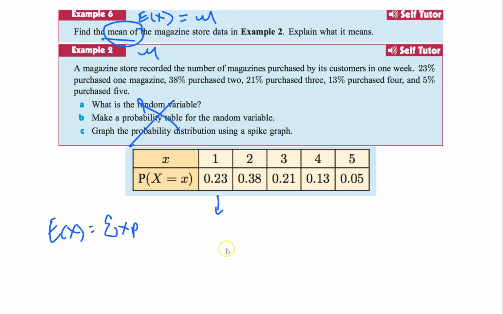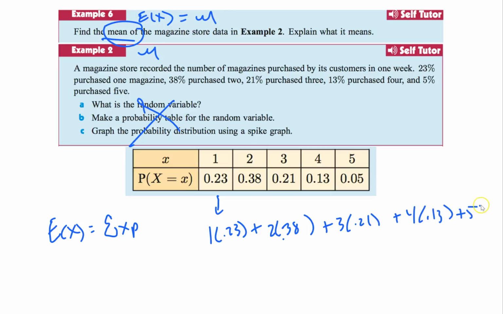So right here, 1 times 0.23 plus, because of sum, 2 times 0.38 plus 3 times 0.21 plus 4 times 0.13 plus 5 times 0.05. If you add those all up, you're going to get 2.39. That's the expected value. What does it mean?